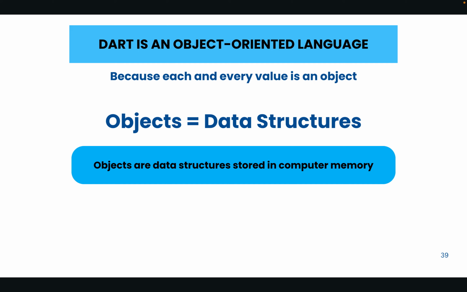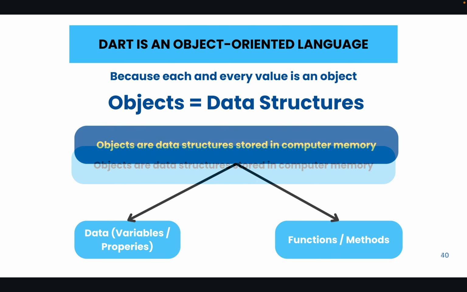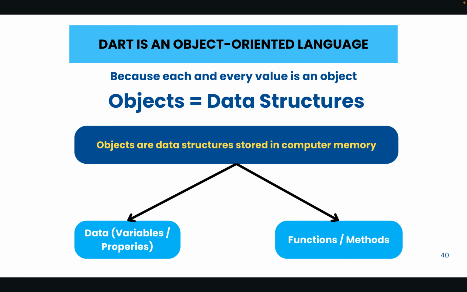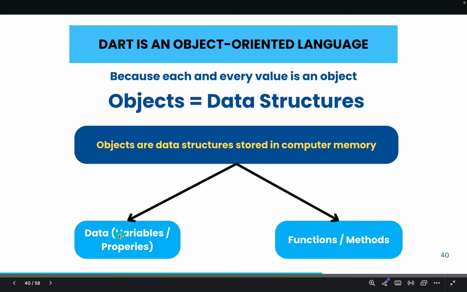Okay, so now let's move to another part. If we have data structures and objects, they always go into two different parts. Either the object can be created as a data variable or property, or it can be stored in a function or a method.